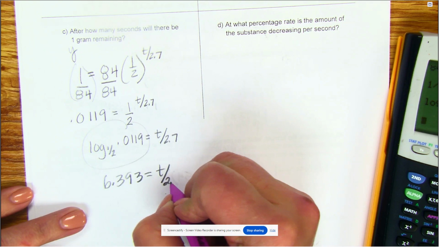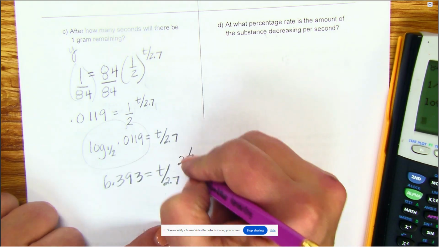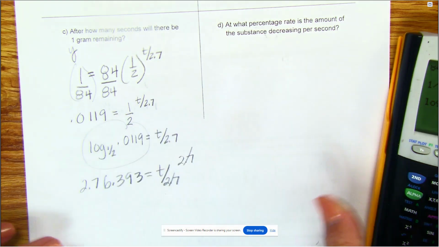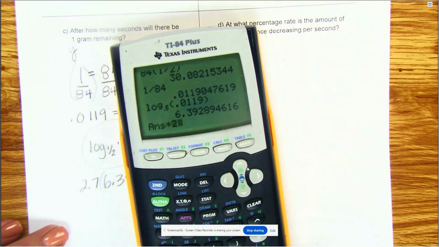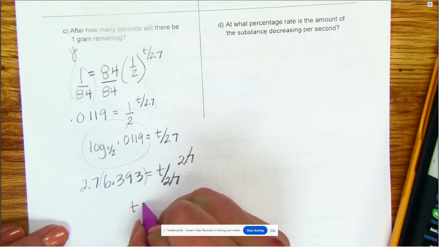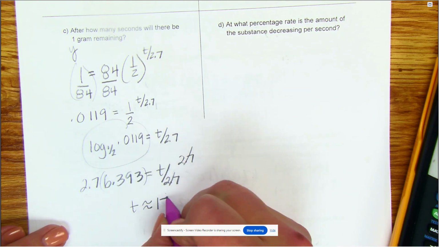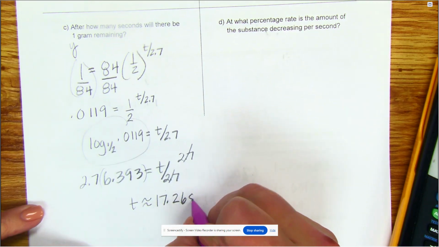Trying to get t alone, it's being divided by 2.7, so I'm going to multiply by 2.7. In about 17.26 seconds.